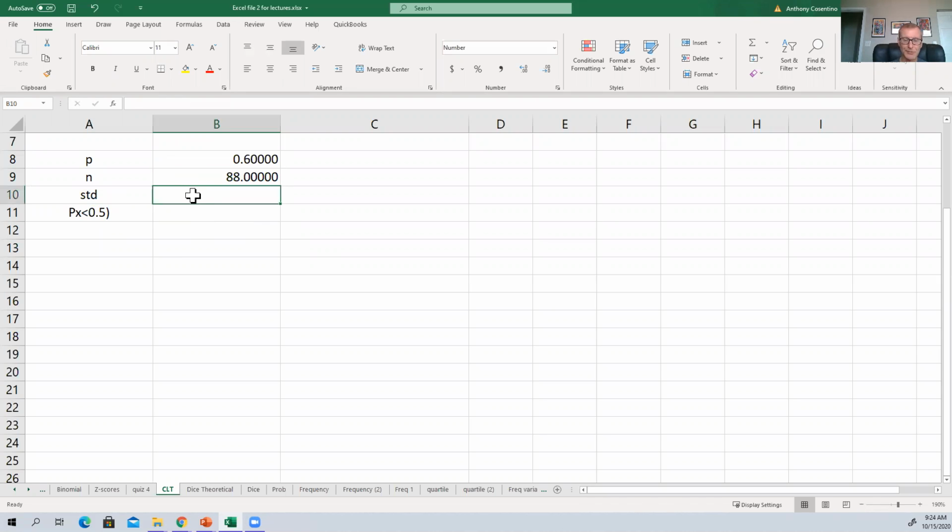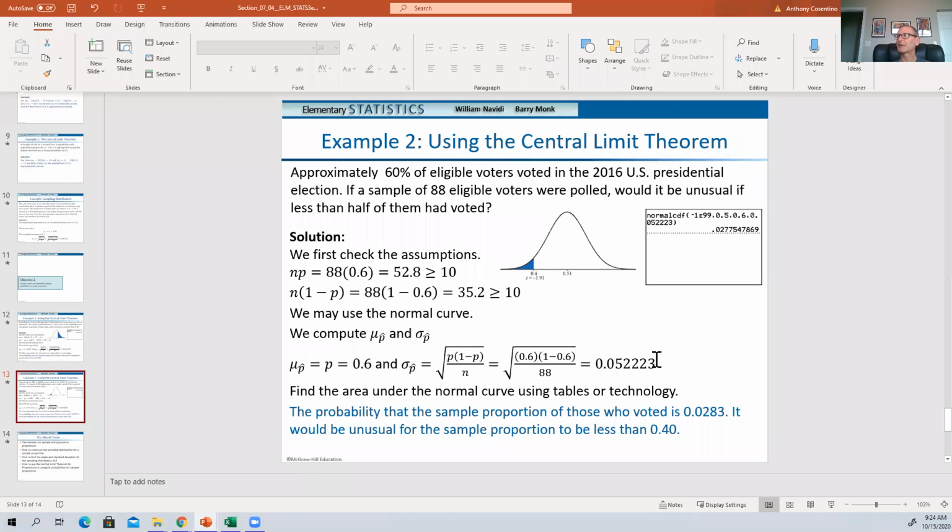And again, to do the standard deviation calculation, it's 0.6 times 1 minus 0.6, and then you want to divide by n, which is 88, and then you take the square root. So it would be shift 6, 0.5 is square root, and you get 0.5222. And you can see, go back to the calculator, you would get the exact same thing.